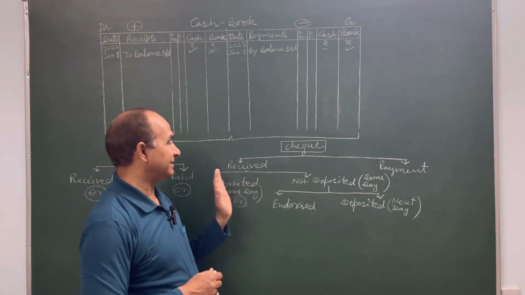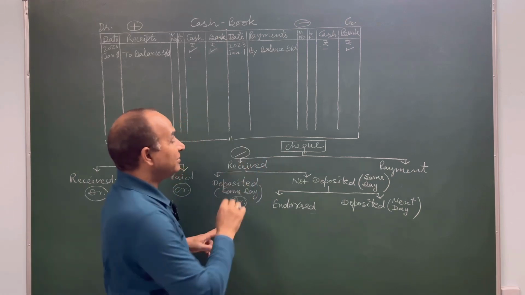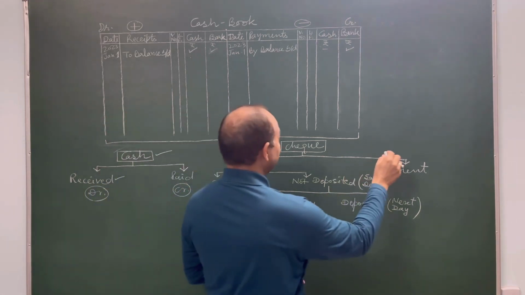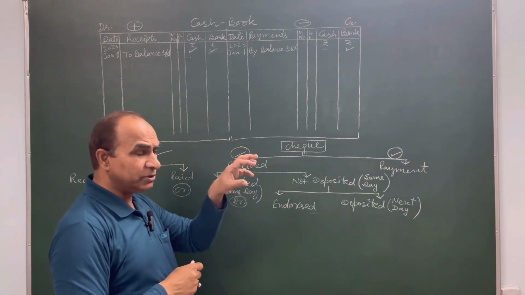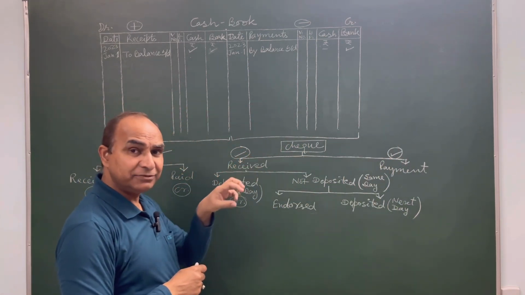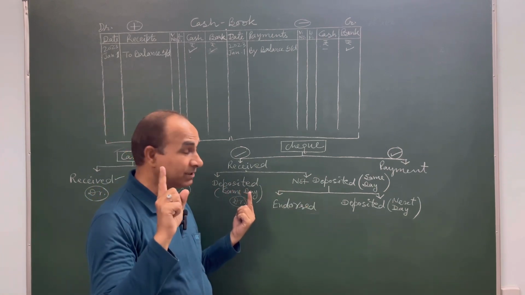See, there are two cases: when the amount is received by check, and second, when the amount is paid by check. The main focus should be on when the amount is received by check, because there may be two situations. Try to understand.